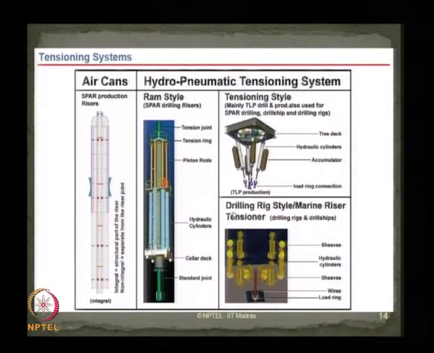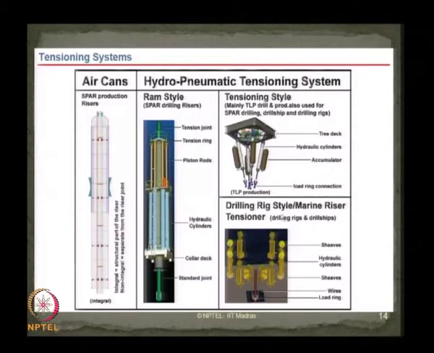We can also see a drill rig style marine riser tensioner, which is commonly used for drilling rigs and drill ships. You can see here there are different sets of sheaves which are connected to the hydraulic cylinders, and subsequently they are all housed on a load ring, which is further connected to the drilling rig system.